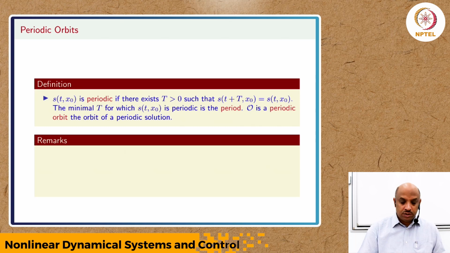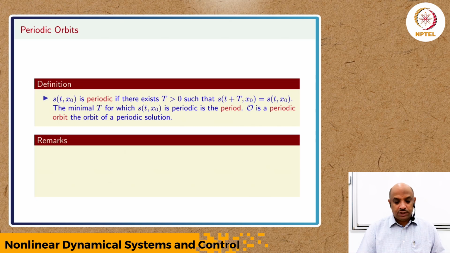We already spoke about periodicity earlier, and I'm just putting a rigorous definition. S of t comma x0 is periodic if there exists T such that S of t plus T comma x0 is S of t comma x0, right? And we showed earlier that if this is true, then S of t plus 2T is also going to be at the same point, and t plus 3T, and so on and so forth.